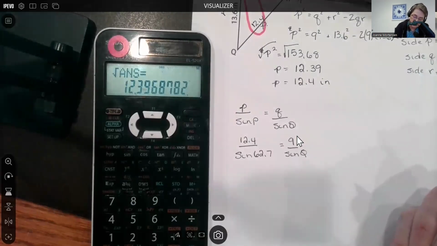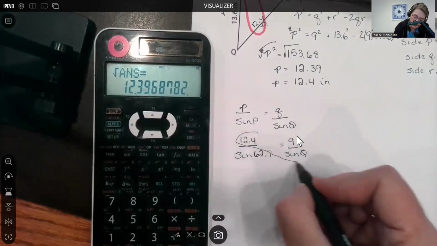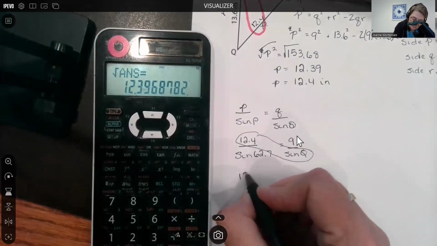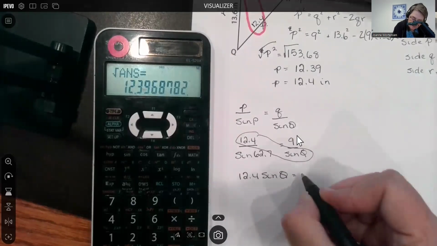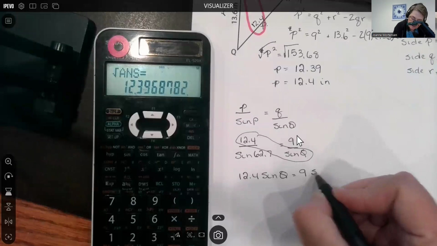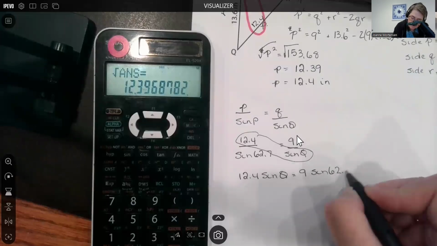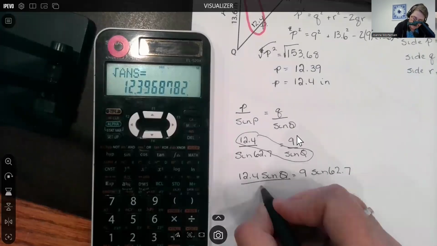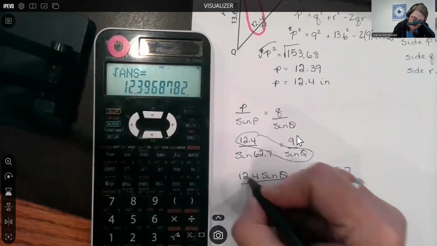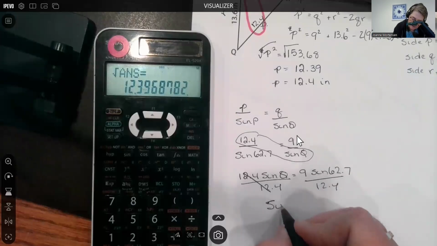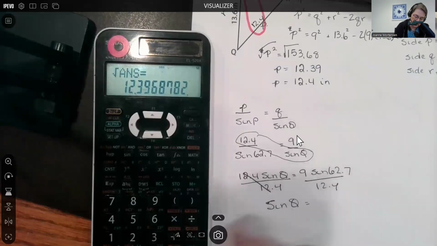All right, cross multiply. 12.4 sine Q is equal to 9 sine 62.7. Divide by 12.4, divide by 12.4. This cancels. Sine Q equals.